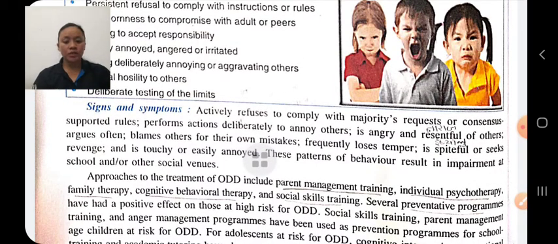Symptoms of oppositional defiant disorder are being angry, arguing with others, blaming others, losing his temper, and disobeying.